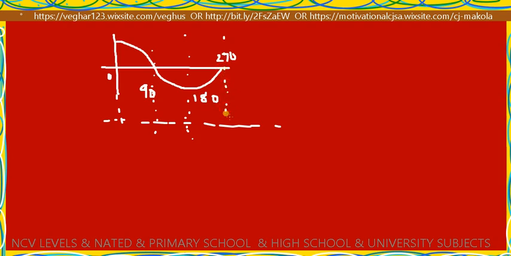When I draw it, I know the normal graph is like this, and then if there is any change in the angle, like cos 2x, if they put 2 here, I know the original graph of cos is like this, it's 180, and then cos x, this is the normal graph, this is 1. So there is no number 2 here.